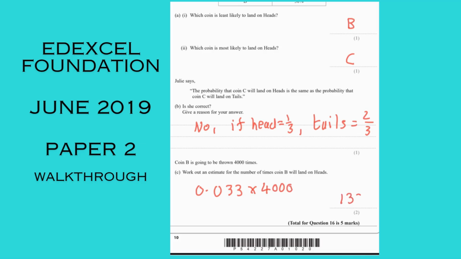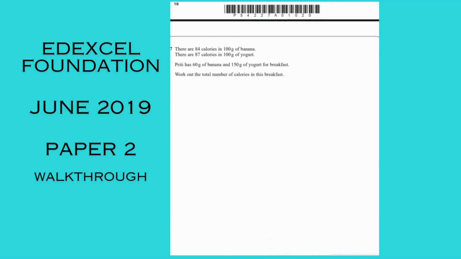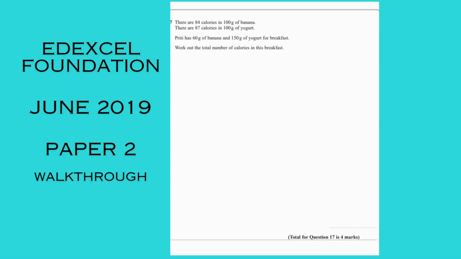So we would expect 132 heads on coin B if we were carrying out that experiment. Question 17. Bit of waffle here, goes banana, yogurt. So as soon as you see a question that bounces backwards and forwards, I prefer to work on one at a time. Let's look at banana.